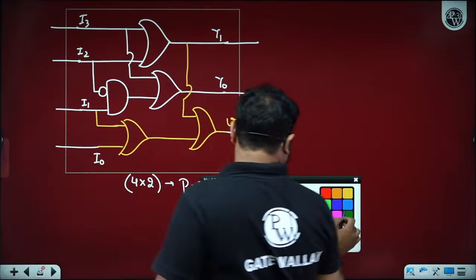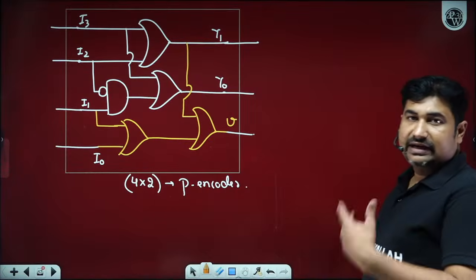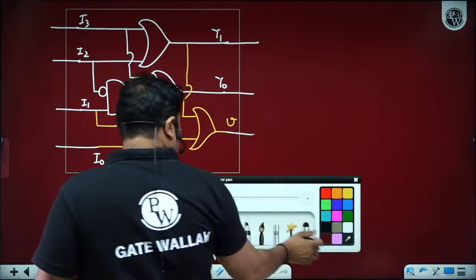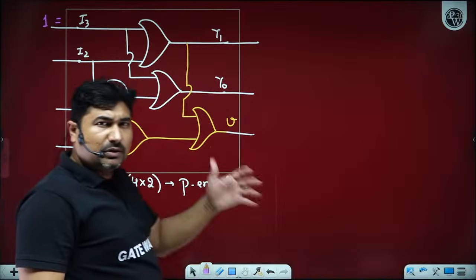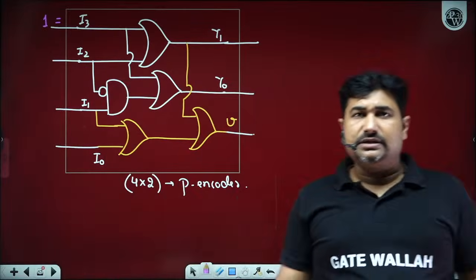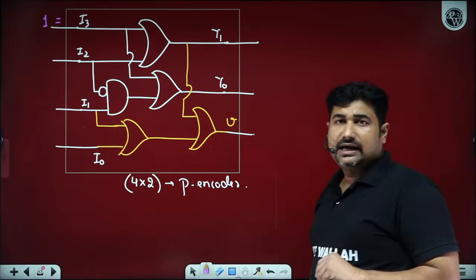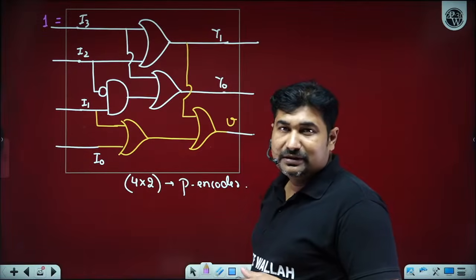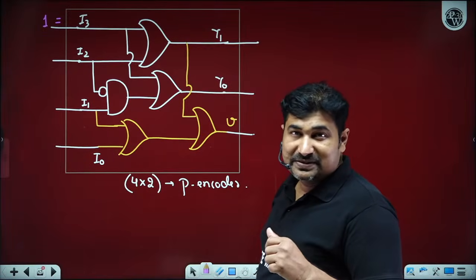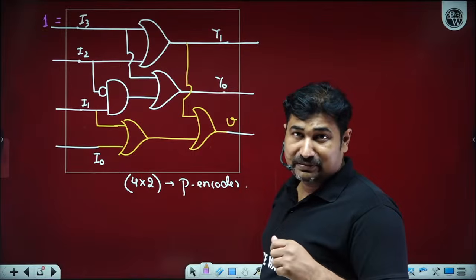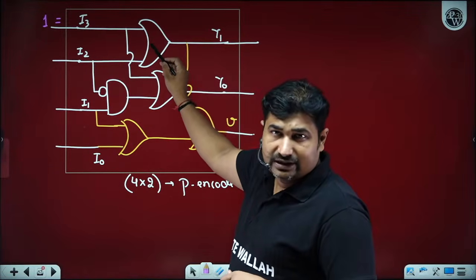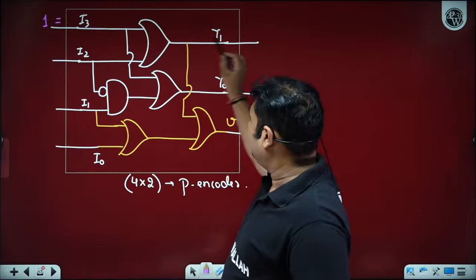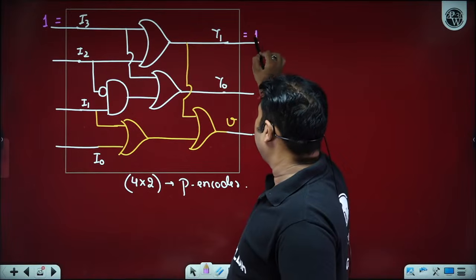Please observe, let's verify the circuit. Suppose I3 is high, we don't know about I2, I1, I0. If I3 is high, then binary of 3 must appear. Means outputs only depend upon I3. If I3 is high, we have an OR gate, and if one input of an OR gate is high, output Y1 is going to be high only.